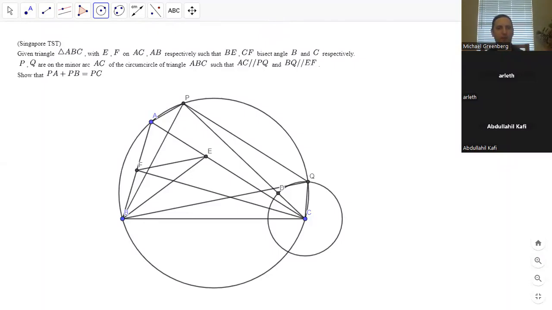Yeah, there's got to be some congruent triangles somewhere here. Oh, one sec, guys. I'll be right back.